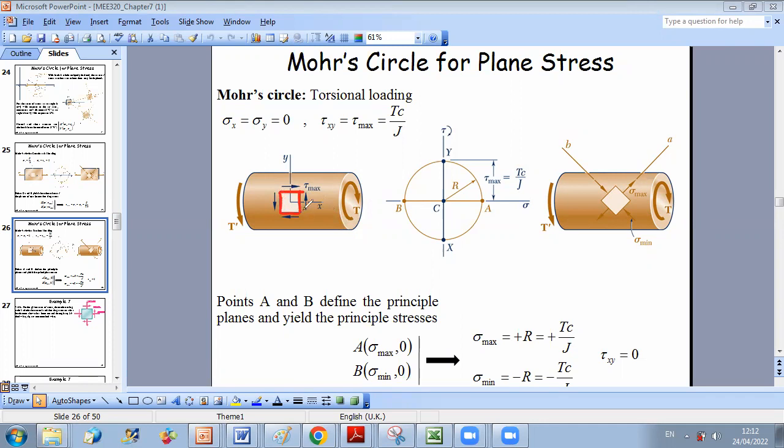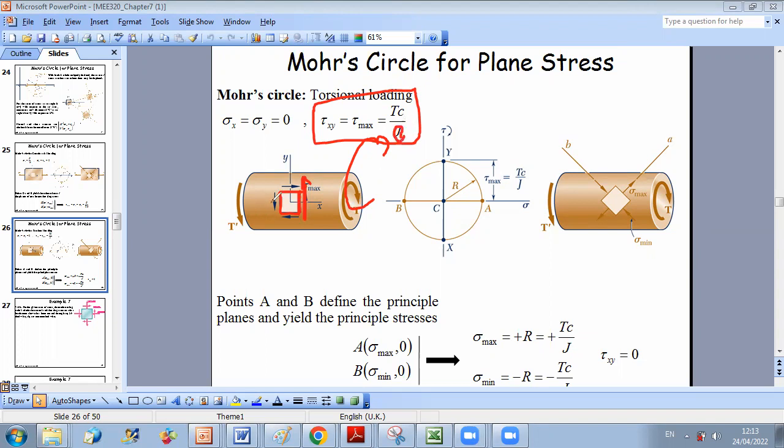So if you consider this free surface and you want to represent the state of stress on it, we know that torsion will only lead to creation of, if I take this face from the torsional moment direction, along this side, a value of tau equal to Tc over J. This is the formula from chapter 3, where T is the torsional moment, c is the distance from the axis of rotation to the side we are considering, and J is the polar moment of inertia.